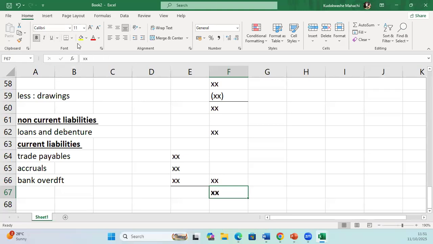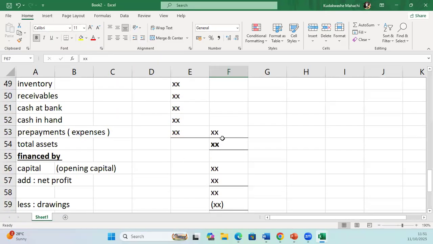If you have done everything correctly, this figure should be the same as this one. Those two should be the same.